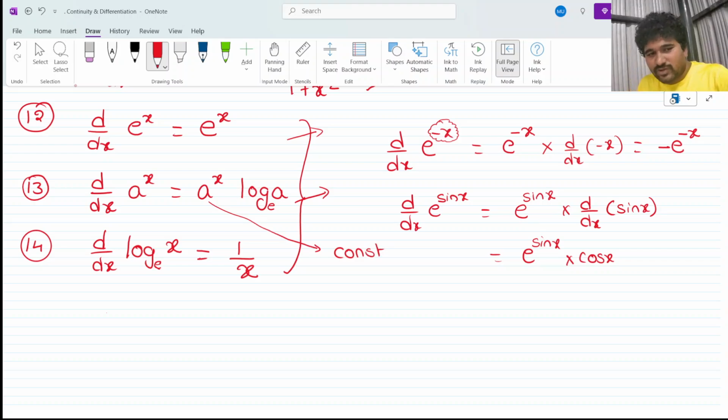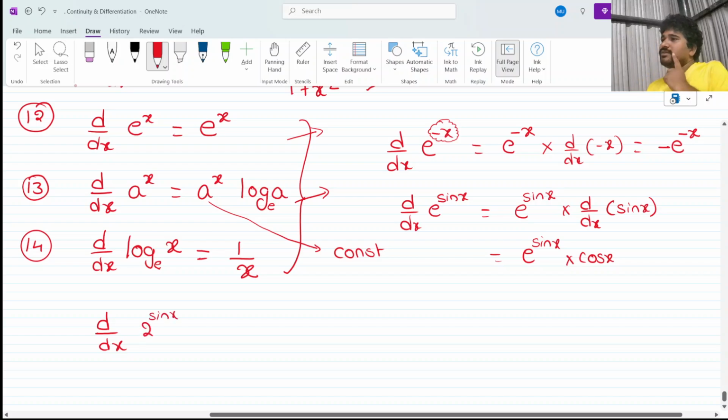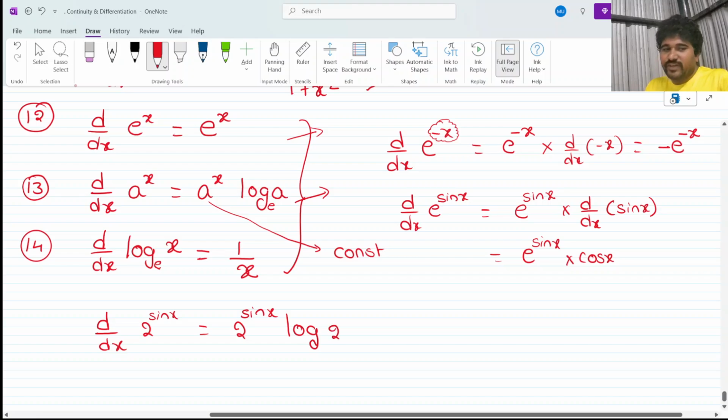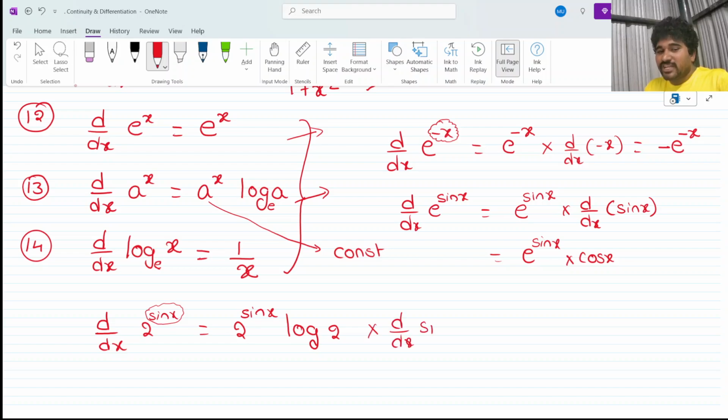For example, it will look like this: d by dx of 2 power sin x. What is its differentiation? 2 power sin x into log 2. That is the first step. But who is there in place of x? Into the differentiation of that sin x we have to do. What will be the answer? 2 power sin x into log 2 into the differentiation of sin x, cos x.